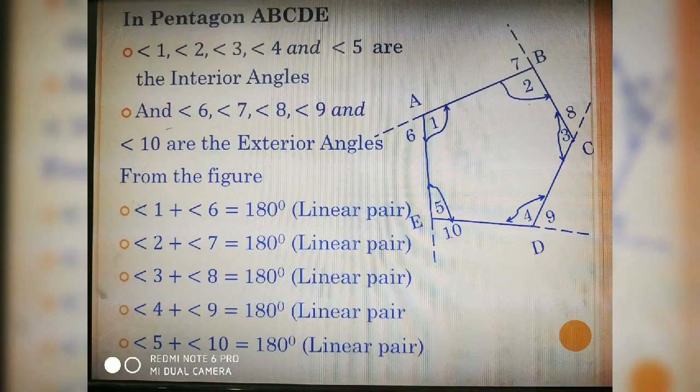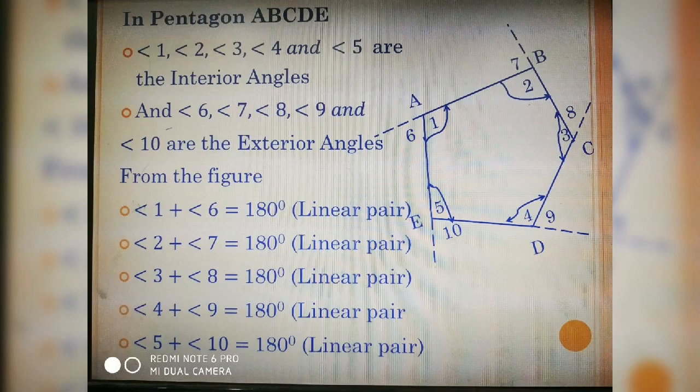Then let us take a pentagon ABCDE. Look at the figure. Here angle 1, angle 2, angle 3, angle 4 and angle 5 are interior angles, and angle 6, angle 7, angle 8, angle 9 and angle 10 are the exterior angles.